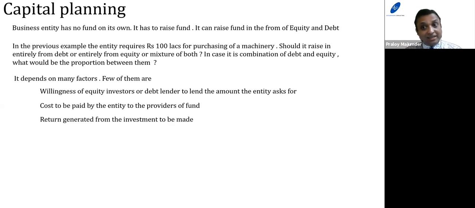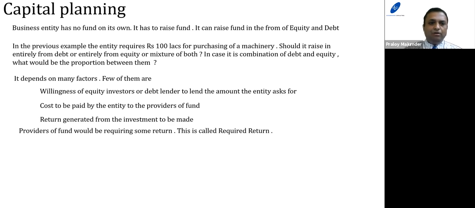Then, how much return can I generate from this investment? All these factors are some of the examples which will determine how much fund I would be raising in the form of debt or in the form of equity.